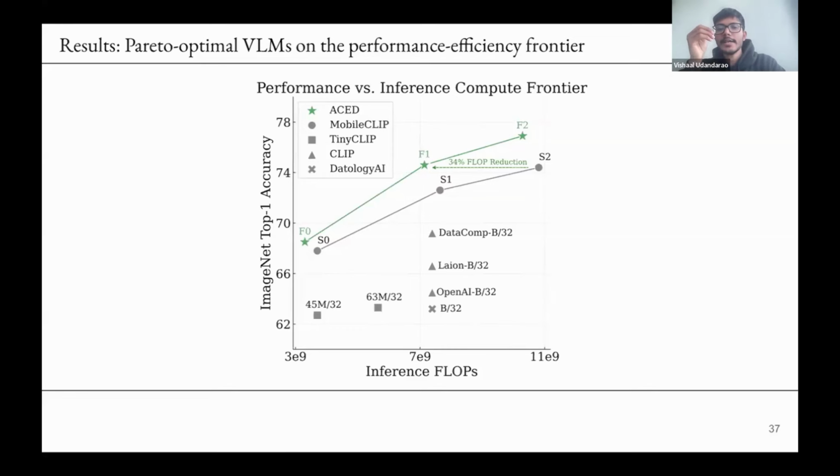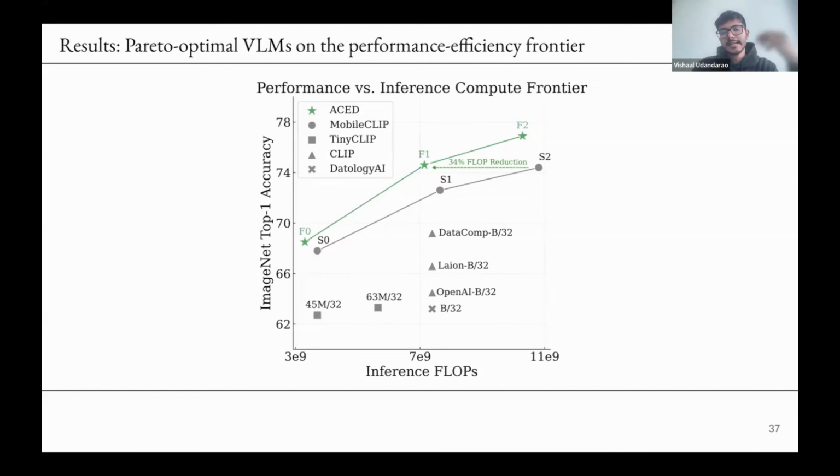The previous state of the art here was MobileCLIP from Apple, and we essentially took the same training budget and simply used ACE as our training algorithm instead of the MobileCLIP methods. And we clearly see that we break through the Pareto frontier, and our models are Pareto optimal across this performance versus inference compute frontier.